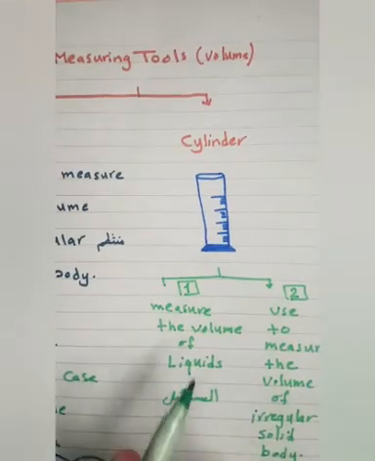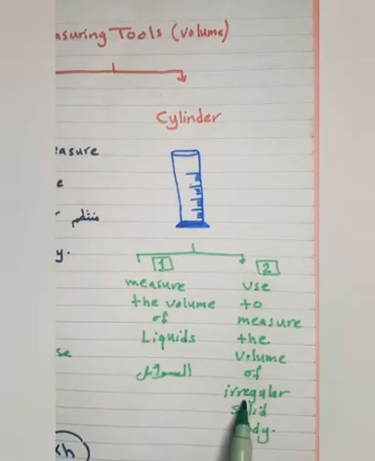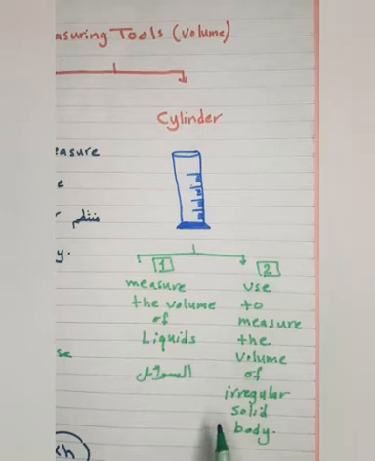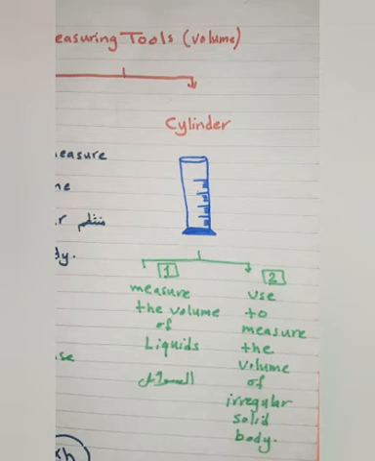While on the other hand the cylinder we use it to measure the volume of irregular, which means غير منتظم irregular solid body.